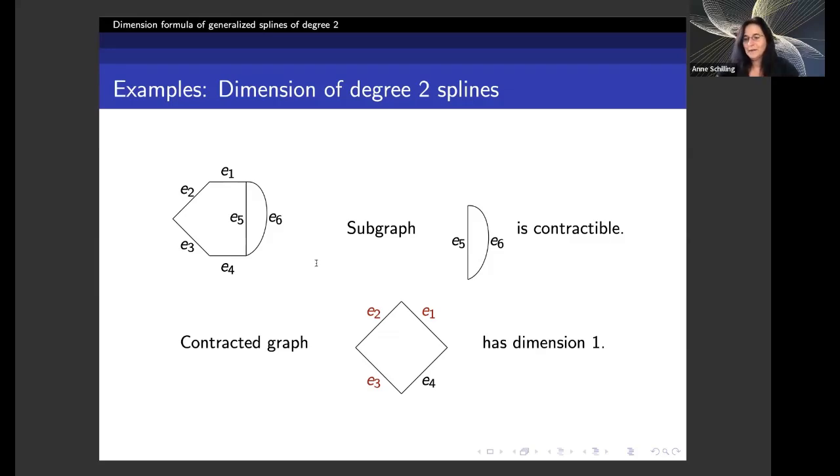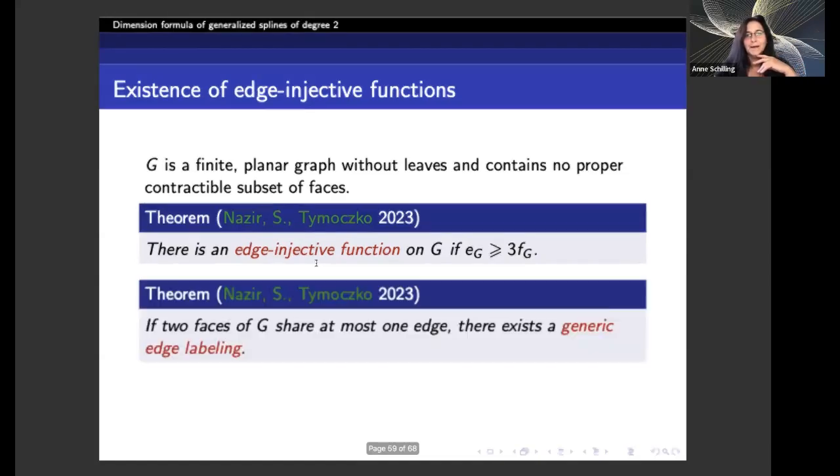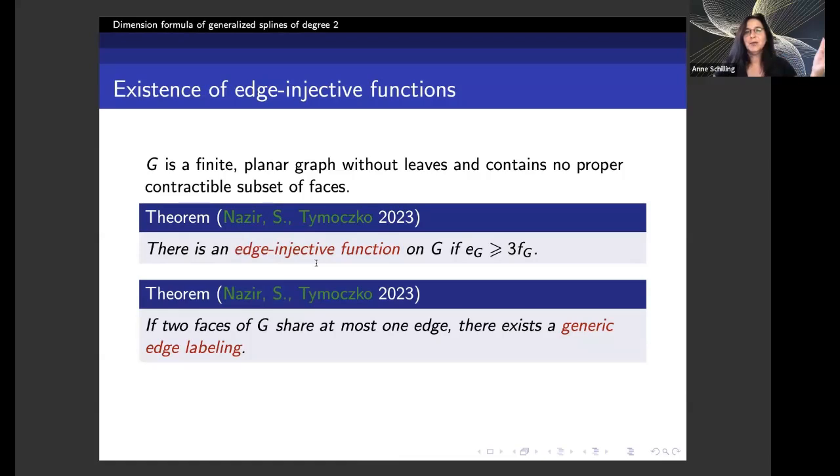So for the last couple of minutes, what I want to do is tell you a little bit more about when these edge injective functions exist. We actually have a nice way of constructing all of the edge injective functions for such planar graphs. And then the other question is, when do generic edge labels actually exist?